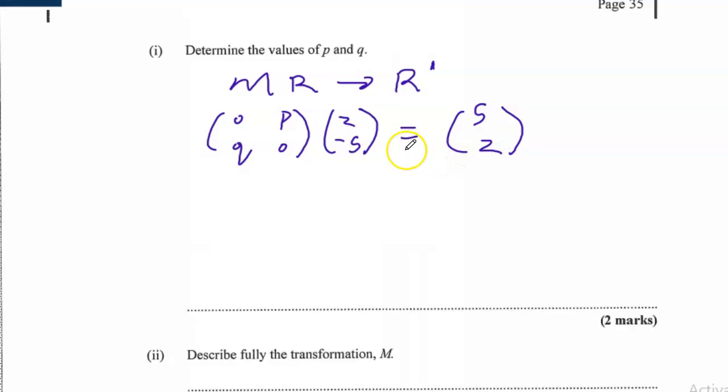So we're asked to find the values of P and Q. Let's do the matrix multiplication. We multiply 0 P times 2, negative 5. We get 0 times 2, which is 0, plus P times minus 5, that's minus 5P. And that's equal to the top value here, which is 5. Let me just do the multiplication.